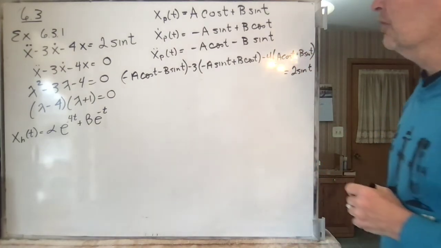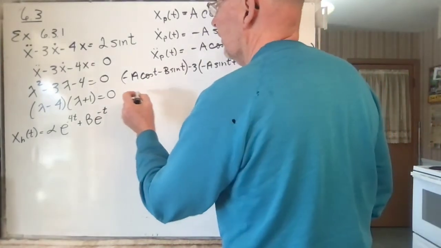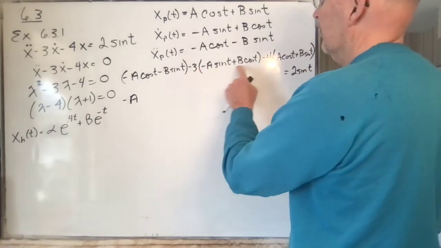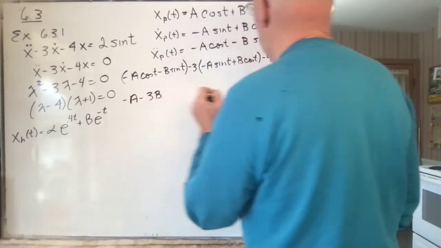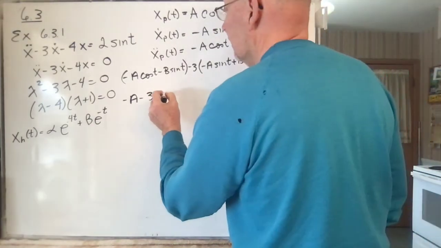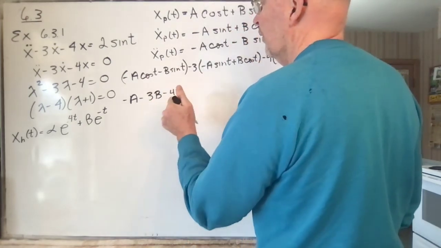Agreed? So, how many cosines do I have over here? Let's collect them all together. I have negative a of them. And then here I'm going to have negative 3b of them. And how many cosines do I have here? Negative 4a of them. So that's how many cosines I have over here.